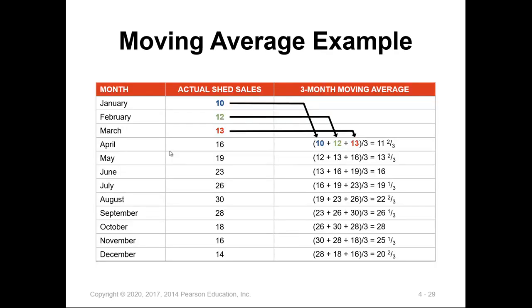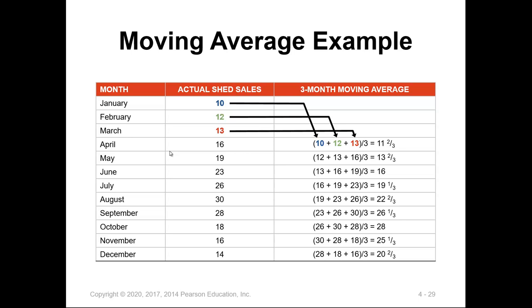The example in this slide explains how the moving average forecast works. The example is using a 3-month moving average. So we said 4 months, we can use 3 months, 5 months, whatever. But this one is using the 3-month average.